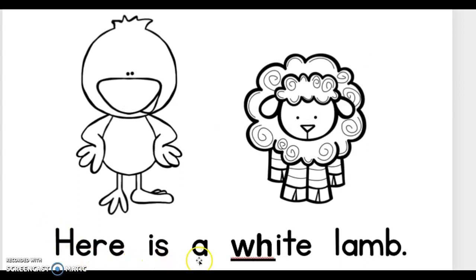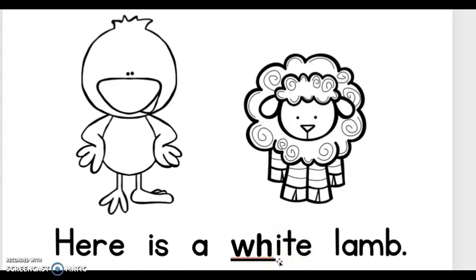Here is a... And right here, I see a lot of phonics rules in this 5-letter word. I see the WH digraph that says w, but then I also see 2 vowels. I see an E at the end and then the I. Remember, friends, if we see an E at the end, it's going to be silent, which makes this vowel long.